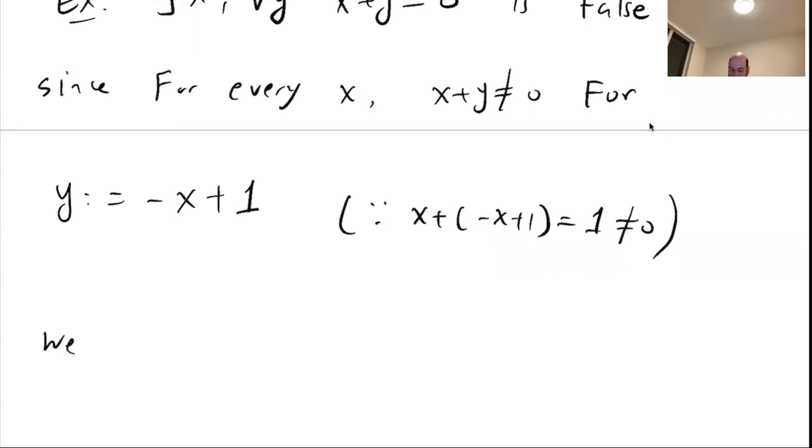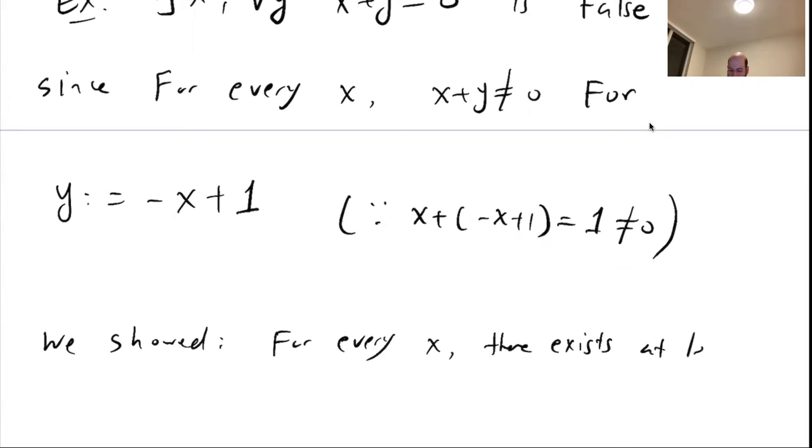So we showed for every x, there exists at least one y for which p of x and y is false.